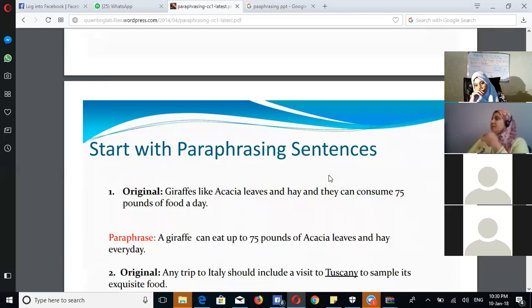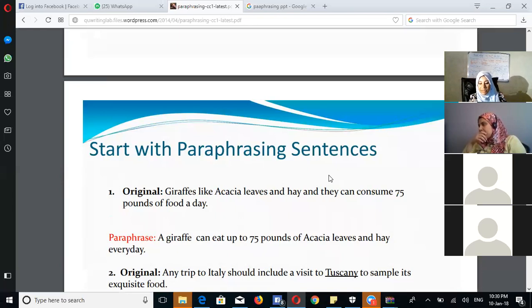One second, the easiest way. Sample means to represent. For example, do you know the eagle on our flag? What does it represent? Brave. Strength. Yes, strength. Okay? So it symbolizes. So to sample means to represent, to give a point of view, to give an overview about something. It's exquisite food.